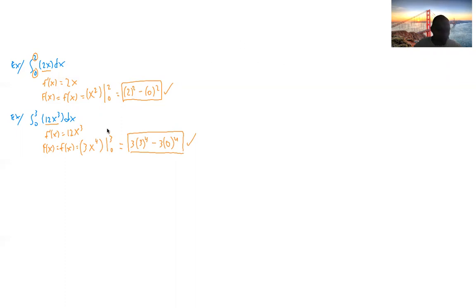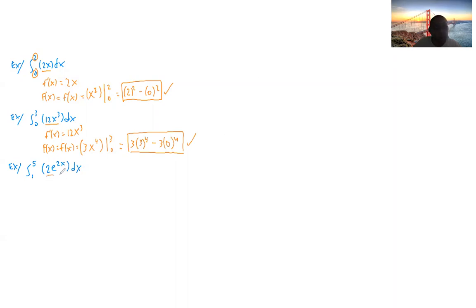So let's do this one. The definite integral from 1 to 5 of the function 2e to the 2x with respect to x. Okay?